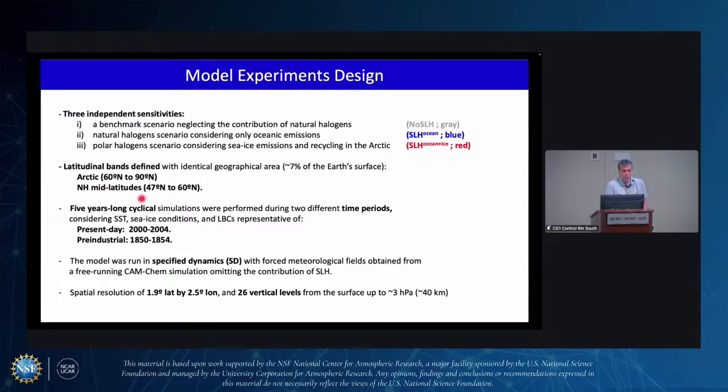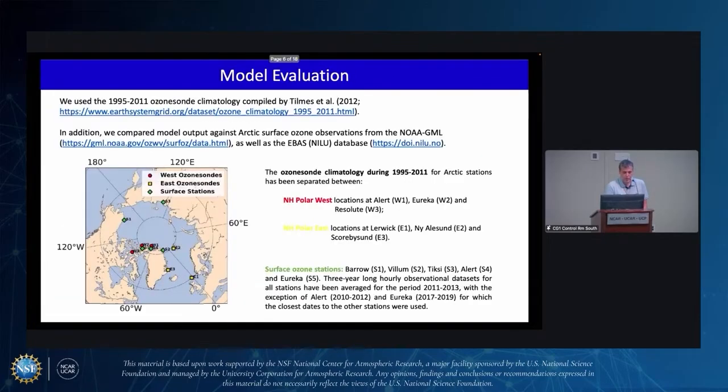And we perform 5-year-long cyclical simulations for the present day and for the pre-industrial period, considering for each of them the lower boundary conditions, the sea ice conditions for each period, but forcing with meteorological fields from present day, from a previous simulation, and using the low resolution, 2 degrees horizontal resolution and 26 vertical levels, standard in CESM1.